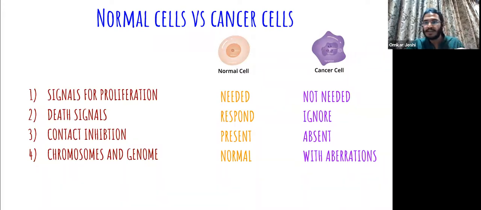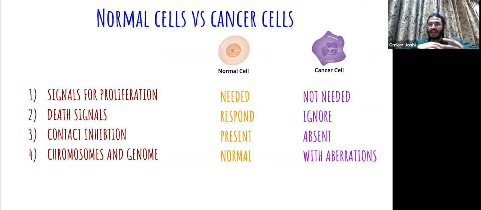Now, another important concept that cancer cells exhibit, and which allows them to form this tumor, is the absence of this concept called contact inhibition. What contact inhibition means is when a normal cell encounters another normal cell, it is a signal for that normal cell to stop growing. So the growth no longer happens.